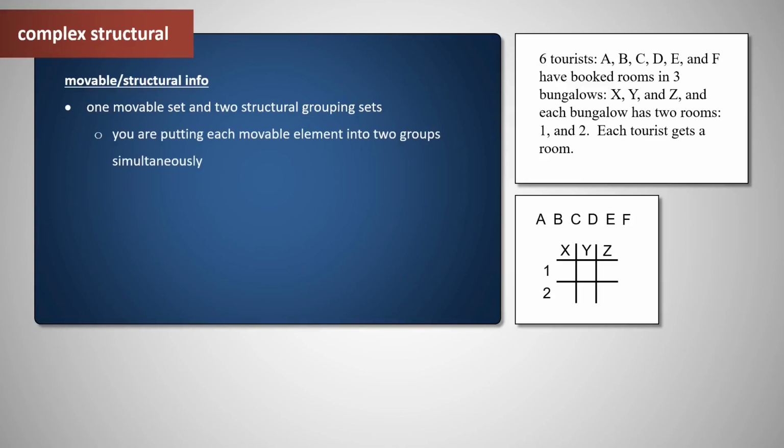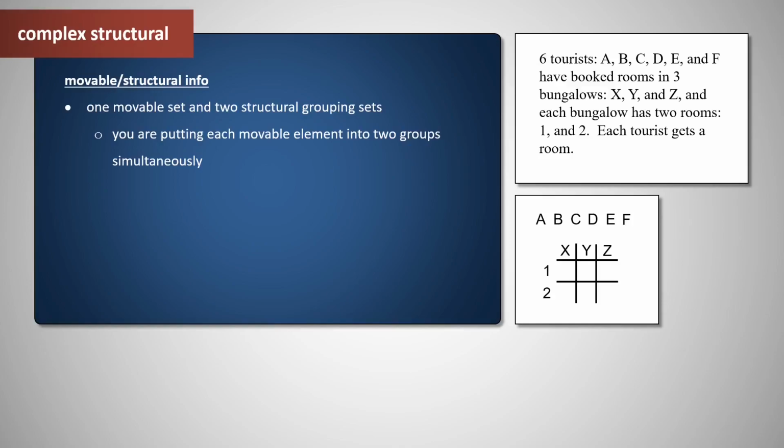Okay? And that's kind of what we see here. We've got the 3 sets: the tourists, the bungalows, and the rooms. And the choice that I made in terms of how to diagram it was to have the tourists as the movable elements, and then the bungalows X, Y, and Z, and rooms 1 and 2 as the structure.